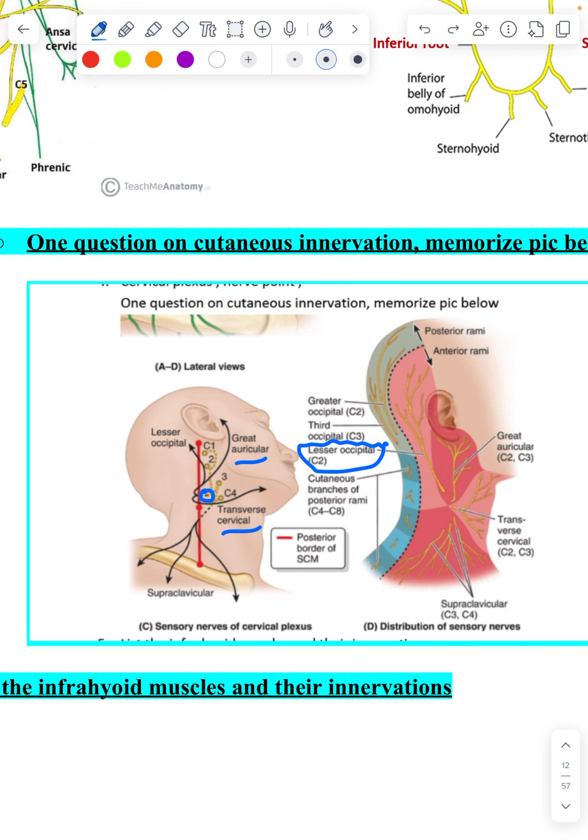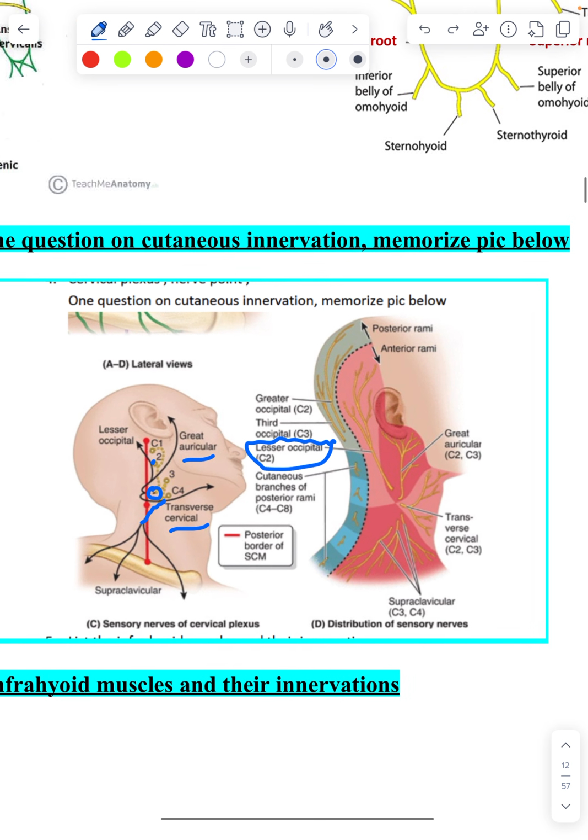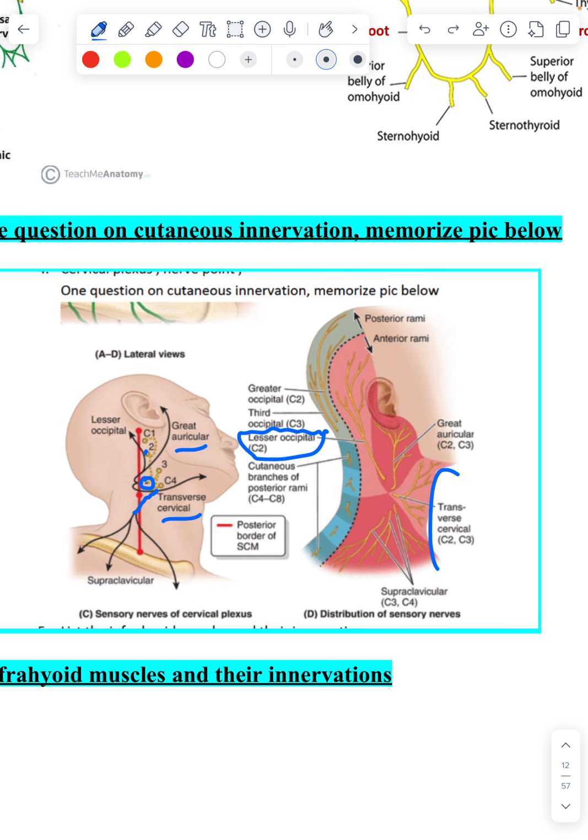The lesser occipital just gets C2, and then transverse cervical gets 3, 4, and then it will go down to do the supraclavicular stuff. And then this picture shows all of these as well, and where these supply.